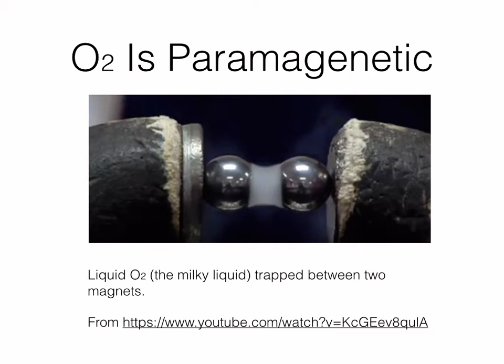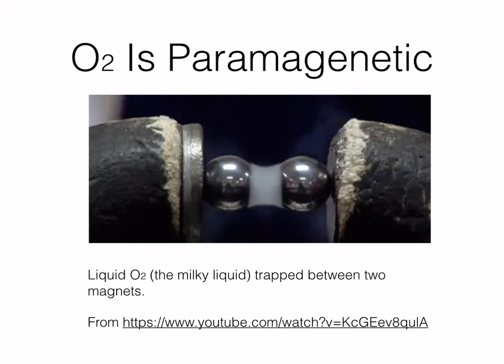What is shown here is that there are two steel balls between two strong magnets. There's this milky liquid in between that is liquid oxygen, and this liquid oxygen is actually trapped by the strong magnetic field, and that's a clear indication that oxygen is paramagnetic.